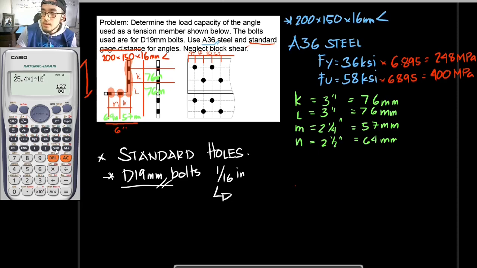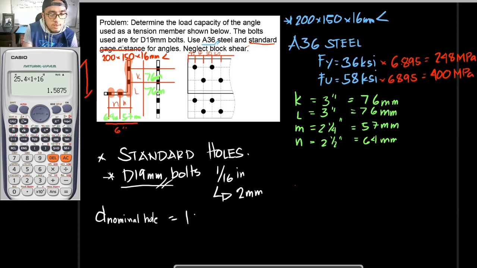So that is to be 1.6. But in our lesson, and in your quizzes, you would be using 2 millimeters. So diameter of the nominal hole is equal to 19 plus 2. So that is to be 21.